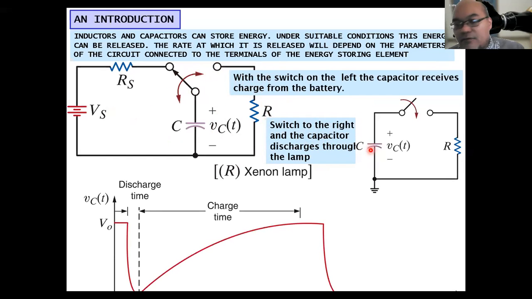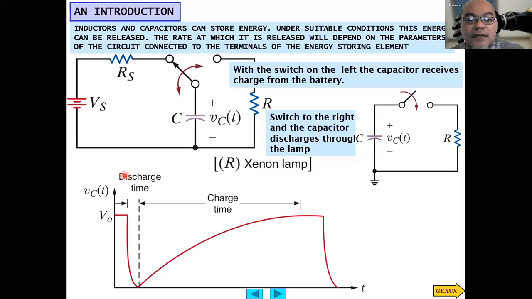Okay, so here is how the characteristic of the discharge over time looks. When the capacitor is charged, it will have the same voltage as the source. The initial voltage is V0. Then it is discharged. This is the discharge time. It discharges, and the charge will go to the load. This is the charging time when it is charged.